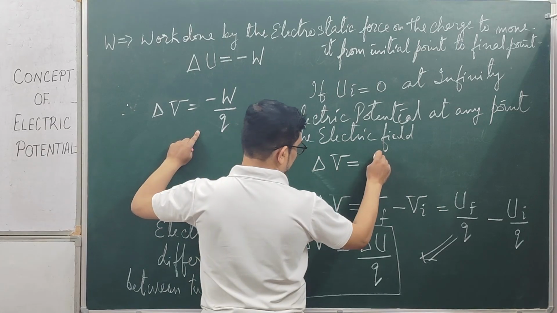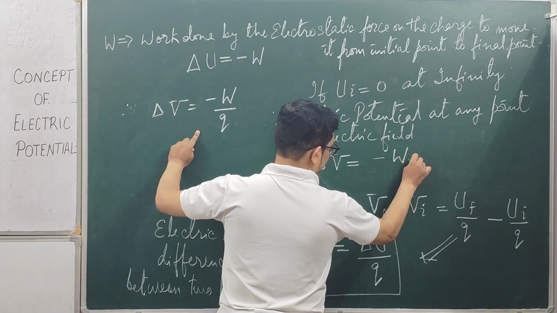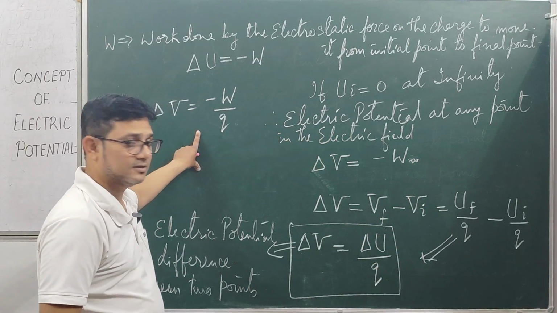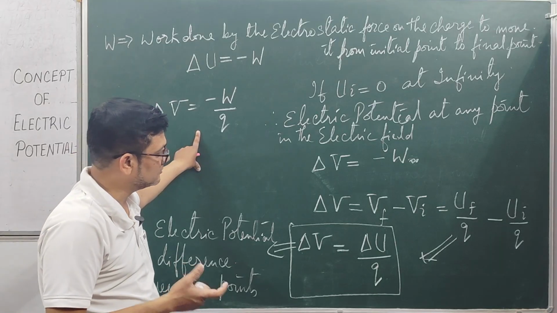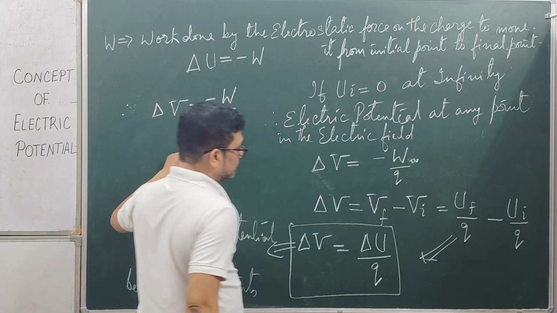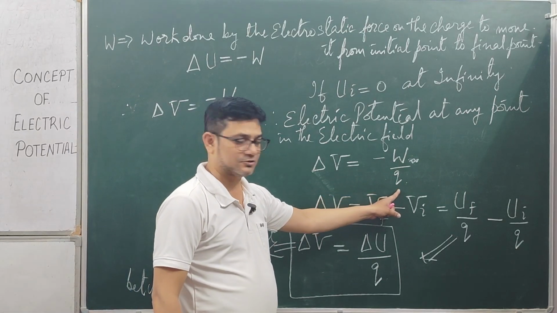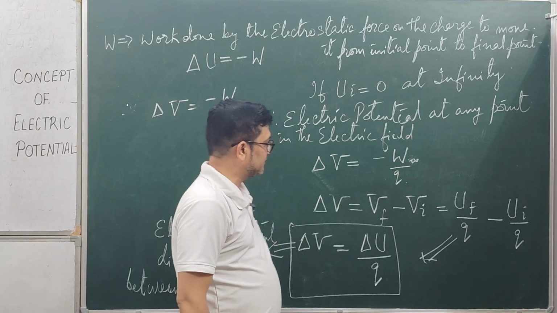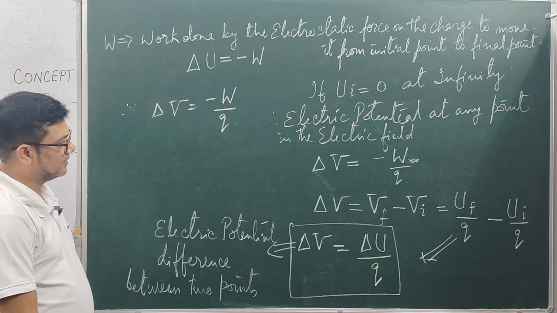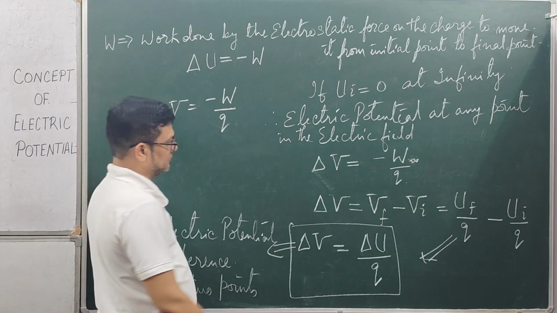This V comes out to be minus the work done by the electric field in bringing the charge from infinity to a point in the electric field, per unit charge. So finally we get this very important definition of electric potential.